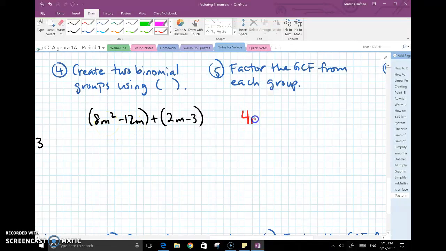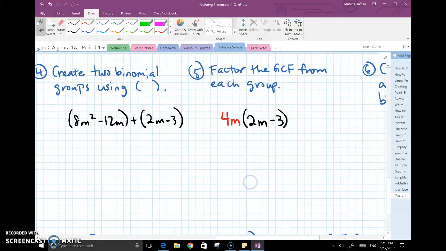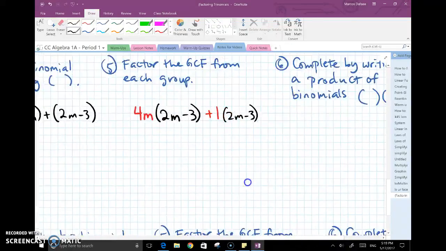So I will pull out 1m at the most. What that leaves me with is a 2m and a minus 3. When I go to the second binomial, a 2 and a 3 only have a 1 as a GCF. So I'll pull that out, and that leaves me with a 2m minus 3. And that takes me to step 6.